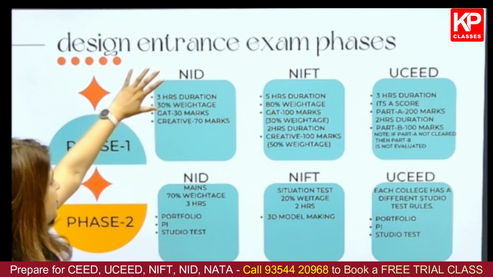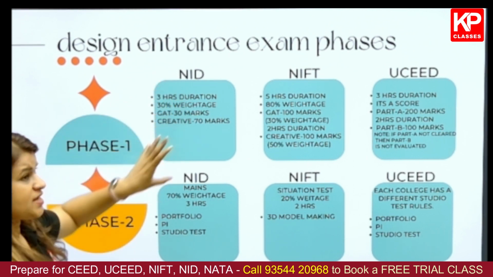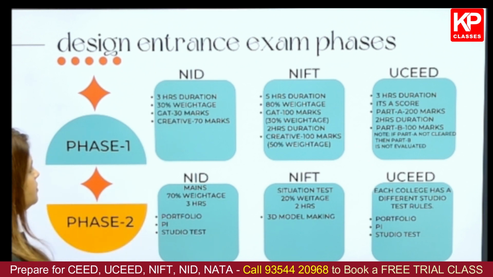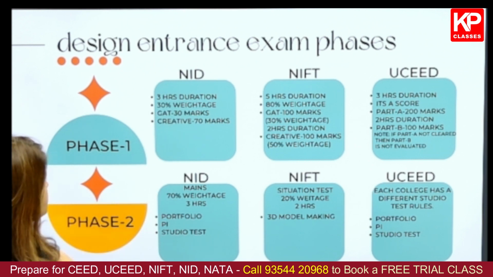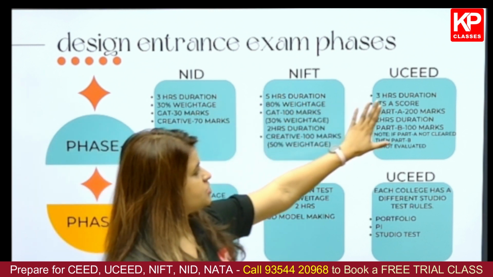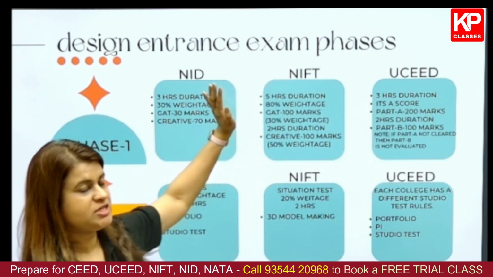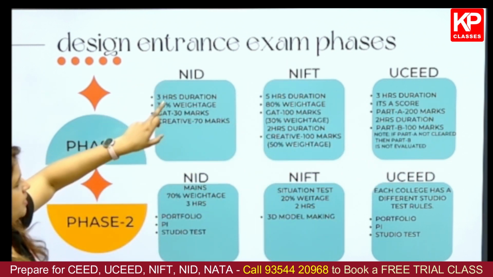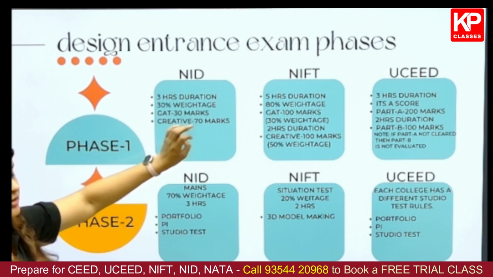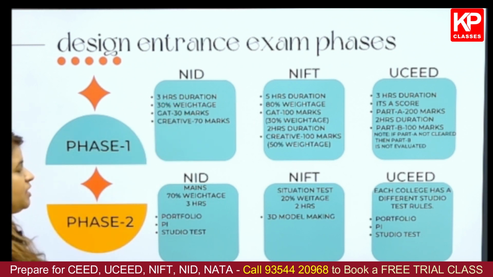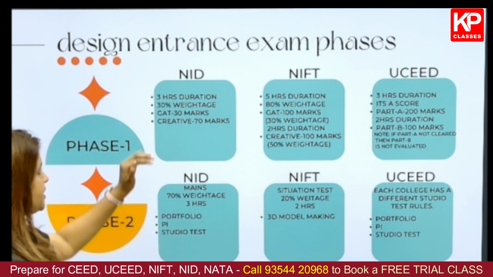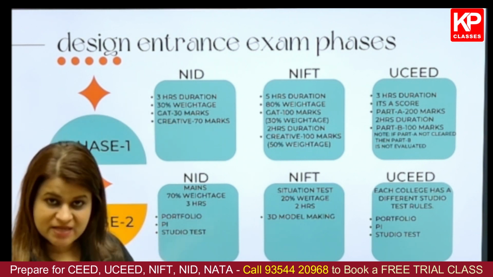So let's see, in NID, the information here is about phase 1, about 3 major examinations. In NID, the duration of the written examination is 3 hours. The weightage of that examination is 30%.